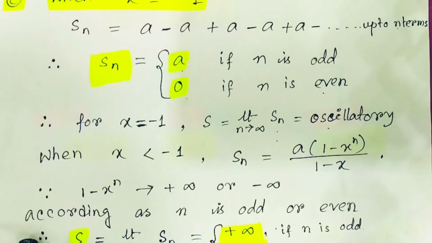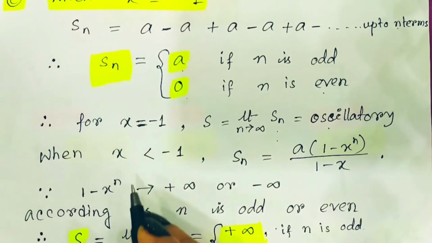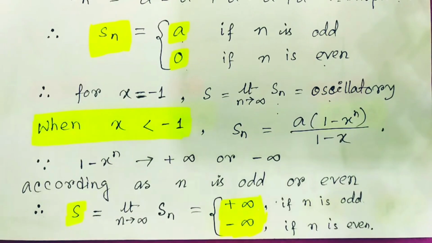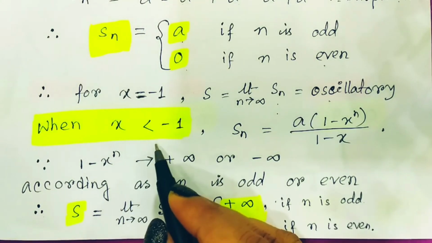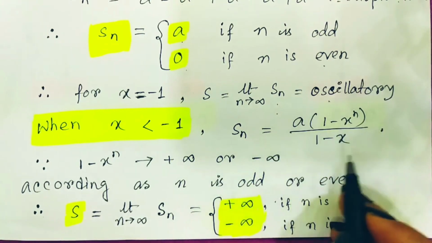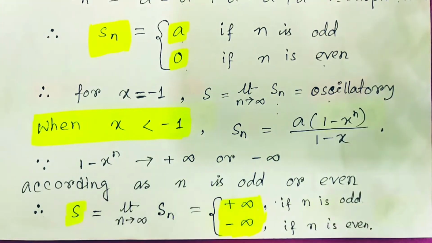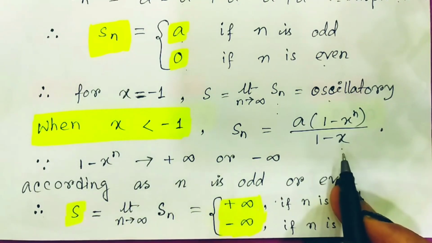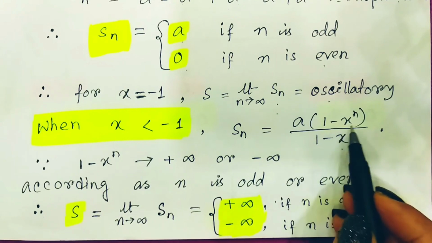Further, when x is less than minus 1, what happens? We should find it this way, because x is less than minus 1. Now as n tends to infinity, what happens to 1 minus x to the power n?